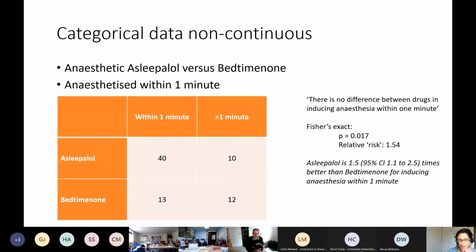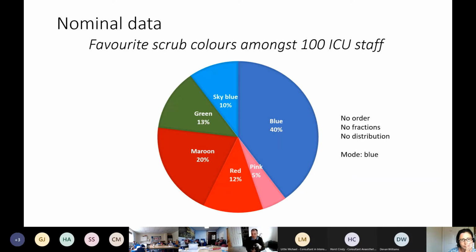But fundamentally, what it shows is that Asleepolol is 1.5 times better than Bedtimonone for inducing anaesthesia within 1 minute. So that's essentially a way of analysing data with a binary outcome or categorical data. The other thing people often do in audits.